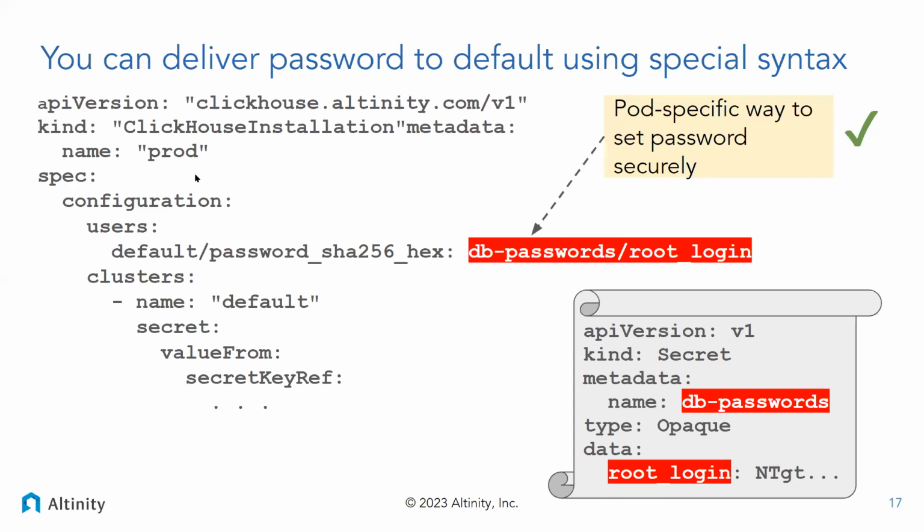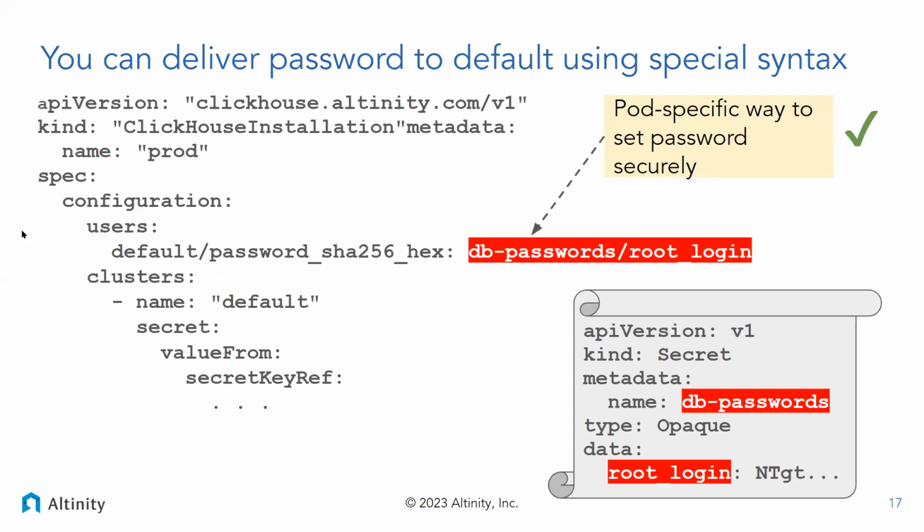So we have some special syntax which you can use, that if you want to, for example, set the default password, you can use this special syntax that's highlighted in red that says, hey, for the SHA-256 value, which is sort of encoded, but you want to pass it in without exposing it, you can tell it, go to the secret called db passwords and go look up the value of the key root login. And that passes it in. So that's a really simple way to pass the secret in. Doesn't require you to do anything special.